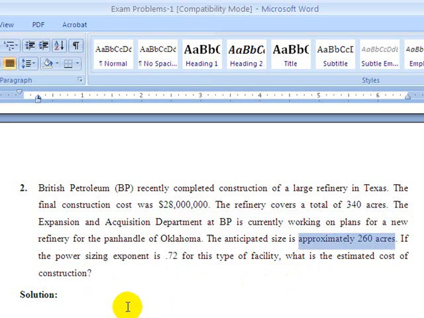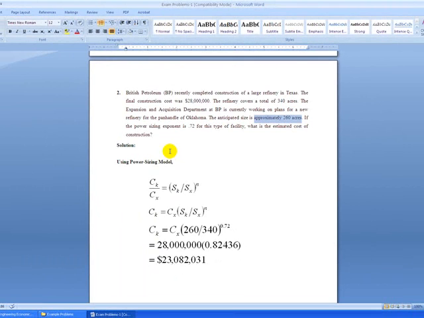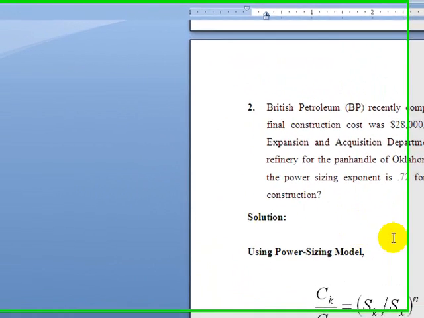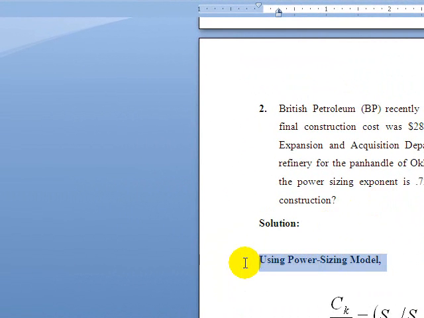In such problems, when we have two very similar equipments that differ only in size, we can use something called the power sizing model. The mathematical expression is given here, and I'm going to explain that.